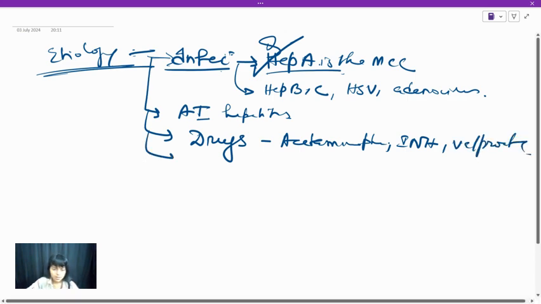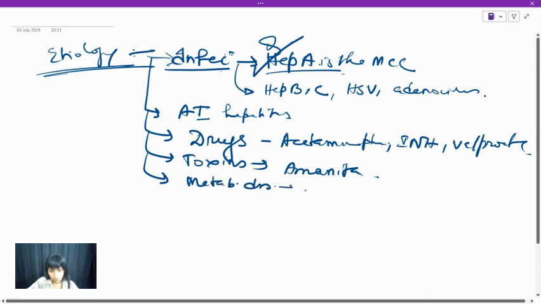It may be secondary to toxins like Amanita phalloides. It may be secondary to metabolic diseases like Wilson disease, tyrosinemia, galactosemia, HFI, that is hereditary fructose intolerance.